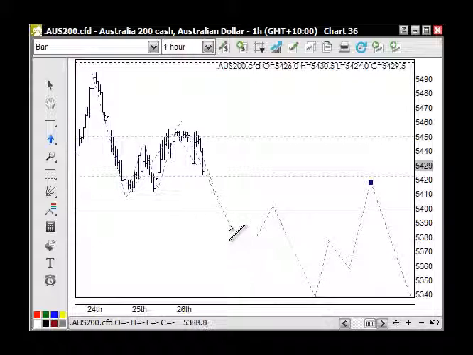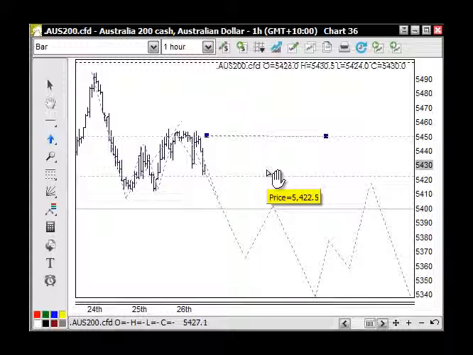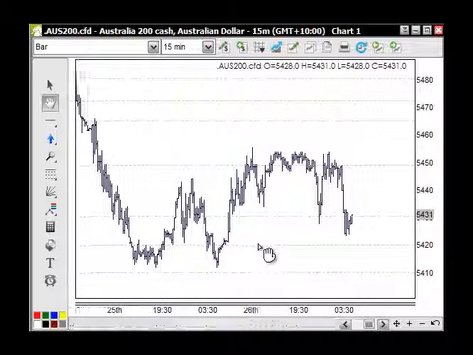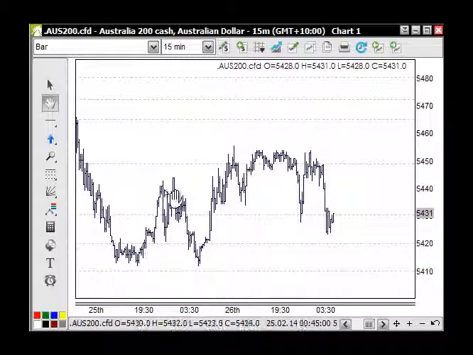So as it stands, you wouldn't want to go long unless you had this 54.50 as your support here. It's not worth going off the 54.30 here, simply because we've got a sentiment of downside here. And you can see this is quite a nice A, B, and C wave here.